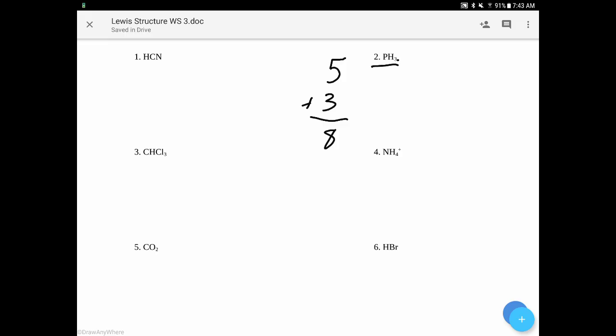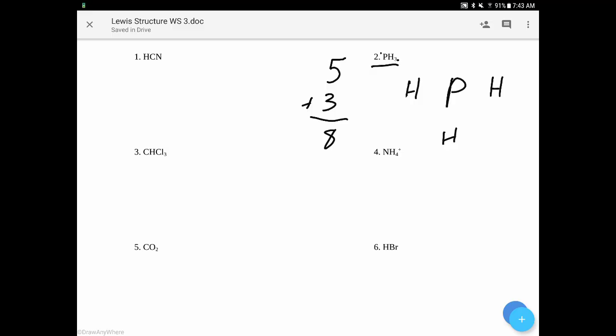Next we have to find the skeletal structure of the molecule. Since P only has 1, that usually means it goes in the middle. So we put P in the middle, then we put H's along the outside, like that.